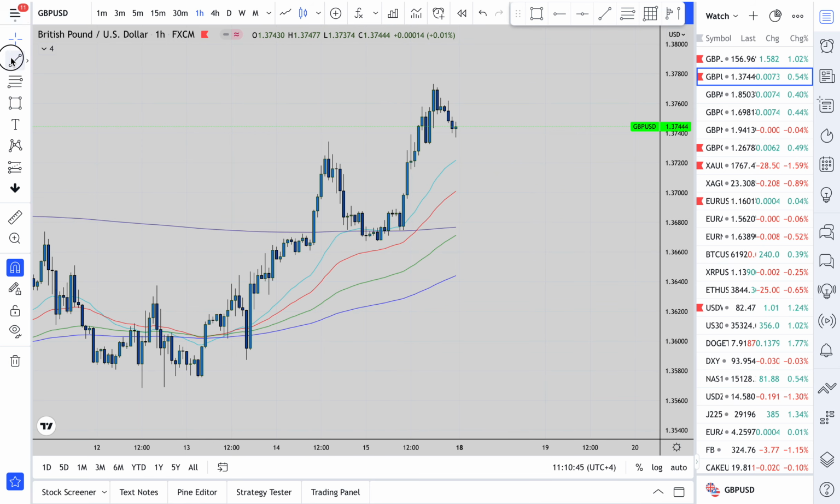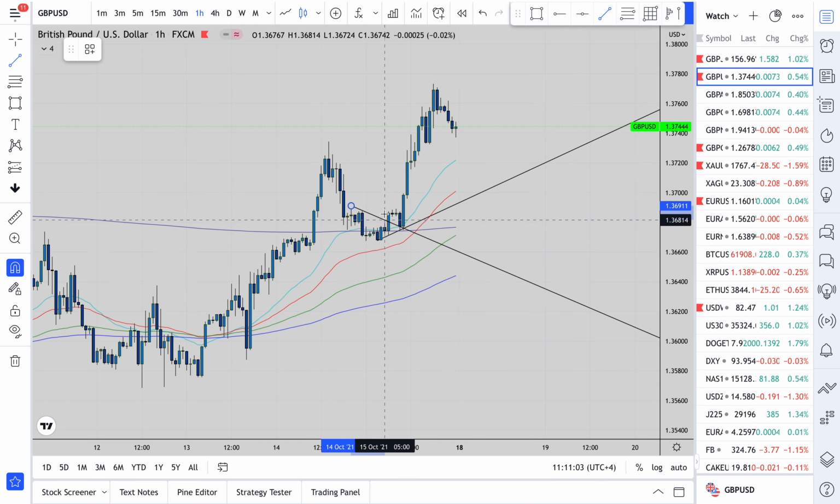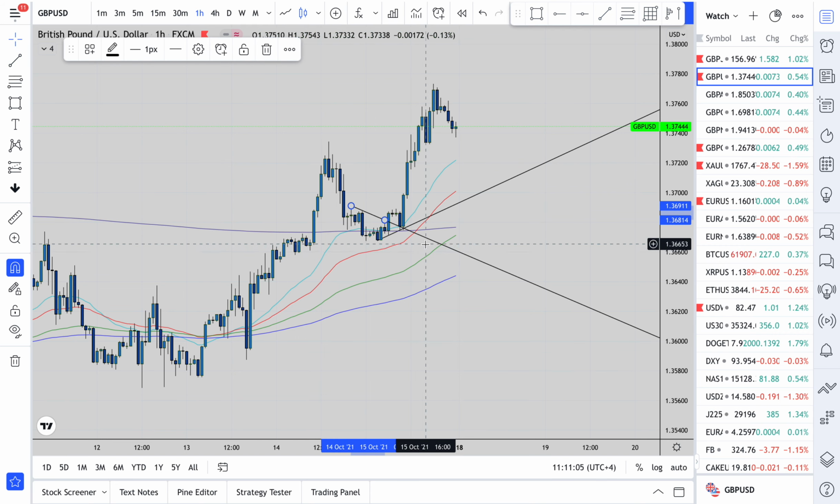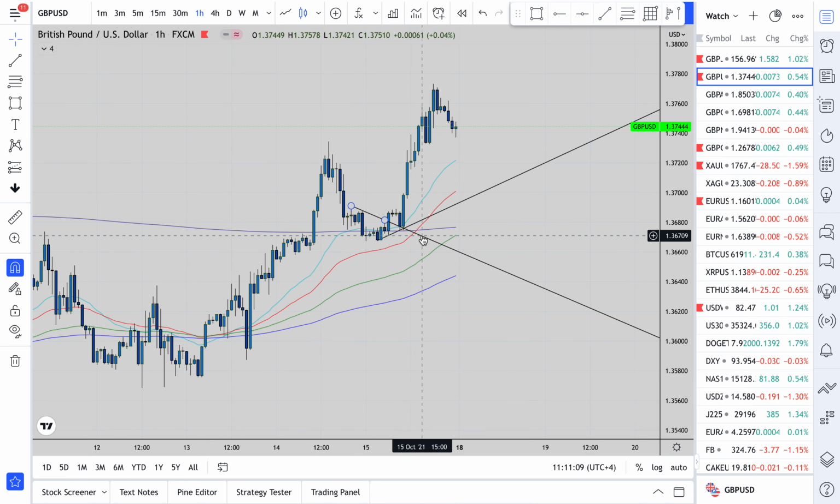So I see what I have there, and I see I have EMA here and here as well. I put my trend line there, and I see the trend line matches with the EMA, then here I put another trend line. I see I have two trend lines in that area, which was good for me.